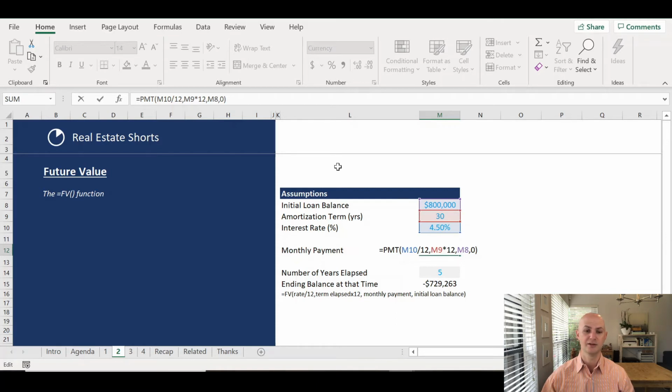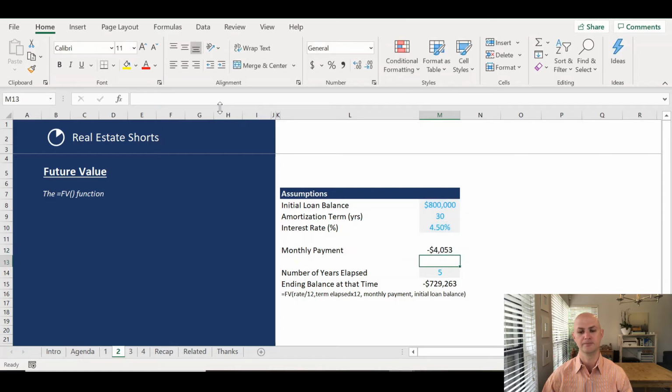What's next is the present value. Present value, whenever we talk about loans, is a reference to the principal amount borrowed, or the initial loan amount that you borrowed. And then finally, zero for future value, because it will eventually get paid down to zero. That's the rule of the fully amortizing loan. So this will give us the monthly amount.